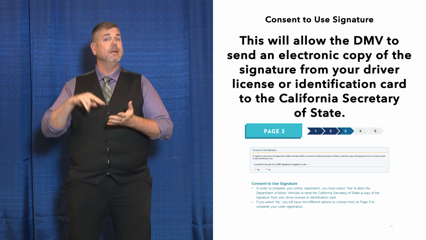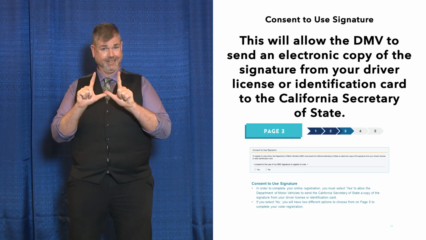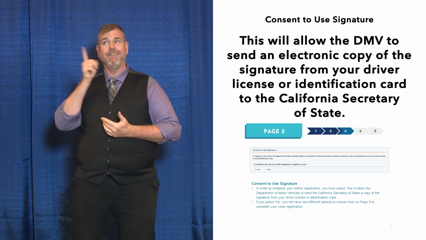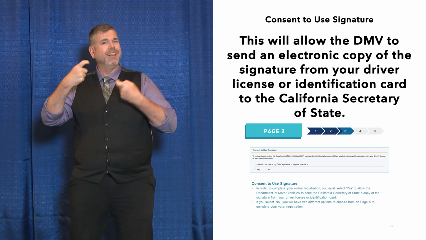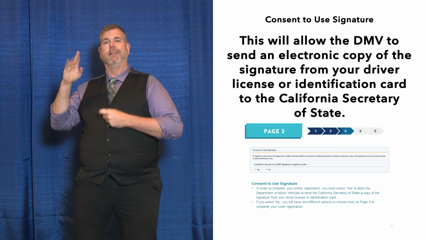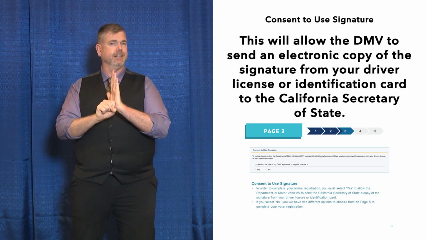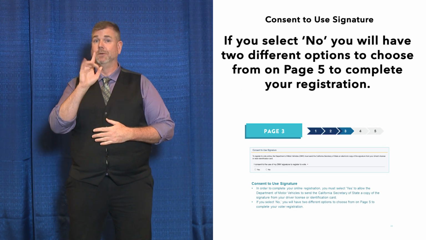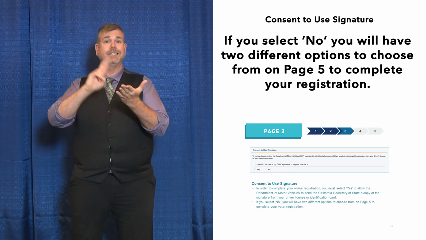This will allow the DMV to send an electronic copy of the signature from your driver's license or identification card to the California Secretary of State. If you select No, you will have two different options to choose from on page 5 to complete your registration.